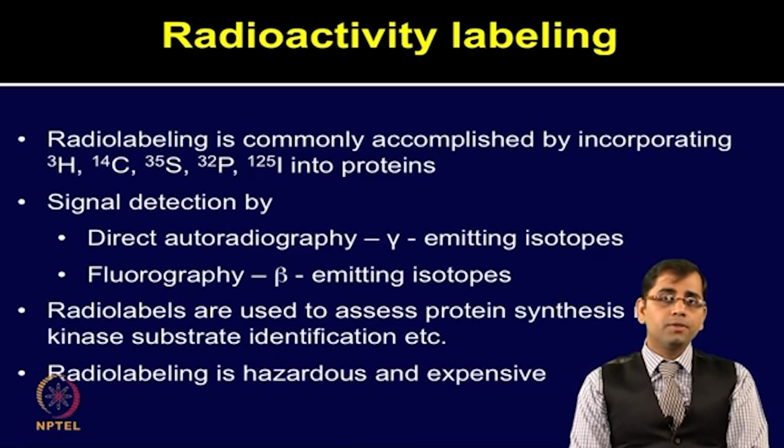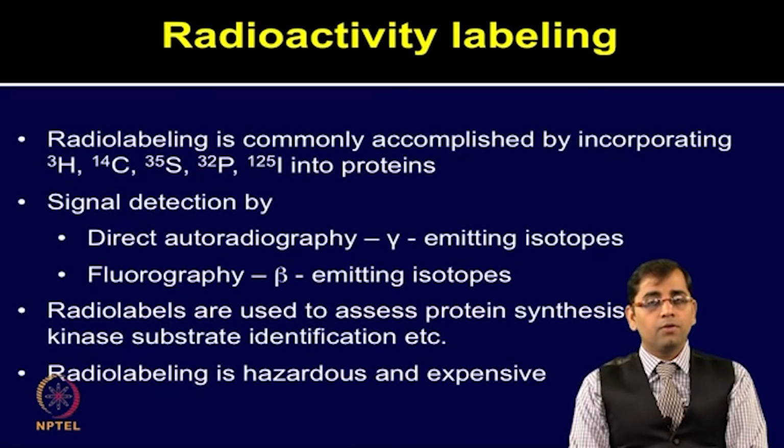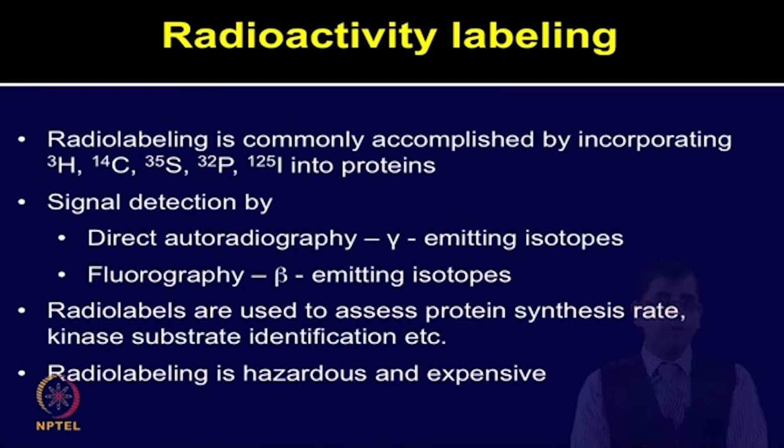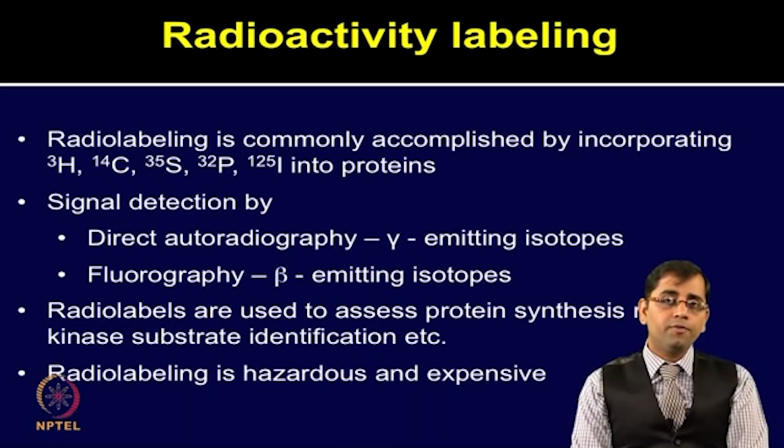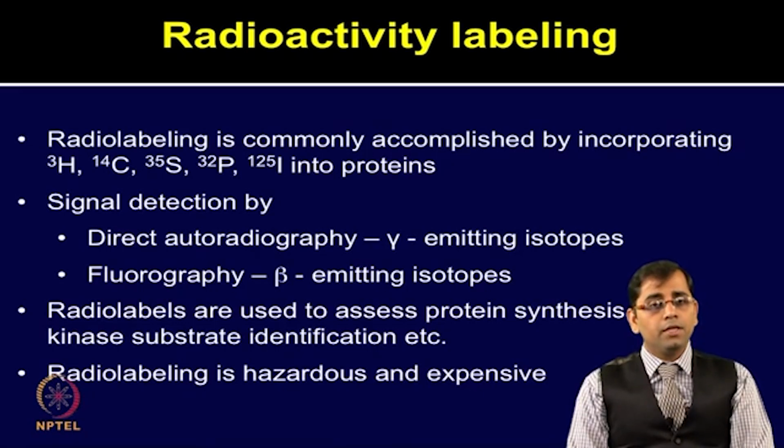These commonly used radiolabels include 3H, 14C, 35S, 32P, 125I or other radiolabels incorporated into the proteins. The signal detection can be recorded by direct autoradiography, which detects the gamma emission, or by fluorography, which detects the beta emission.